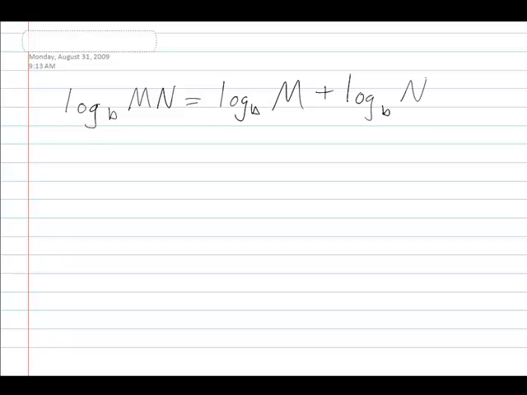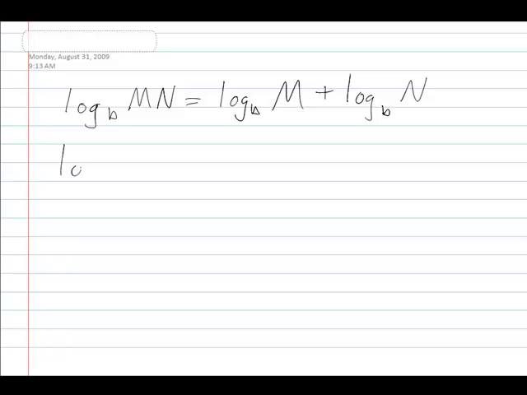Now we'll go over some properties of logarithms that help us to solve more complicated equations. The first rule that we need to understand is that the logarithm of a negative number does not exist. The next property would be that the logarithm with base b of m times n is equal to the logarithm base b of m plus the logarithm base b of n.